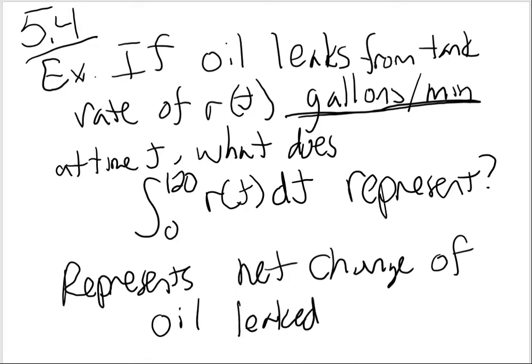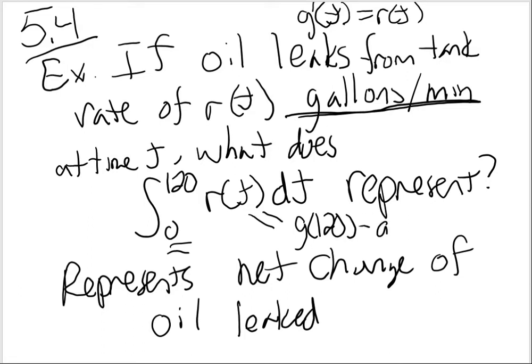Right, because if you take the integral of this, let's say the gallons leaked, we'll call this function g of t, so that g prime of t is r of t. Then this integral is really just g of 120 minus g of 0 by net change theorem.